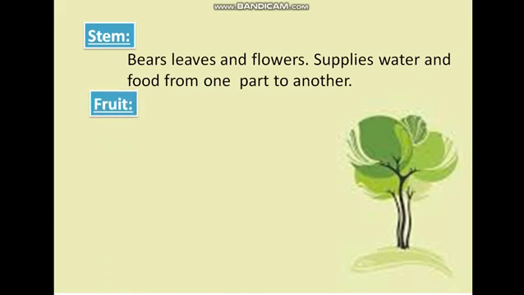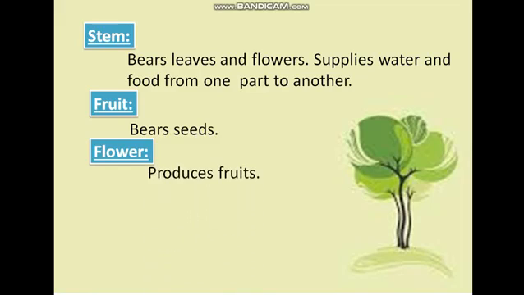Stem. Fruit. Do you like fruits? Yes. We like fruits because they keep us healthy. What do they have? They bear seeds. All of you observed that when you eat a fruit, seeds come out. So here comes a very beautiful part of a plant which is most colorful.